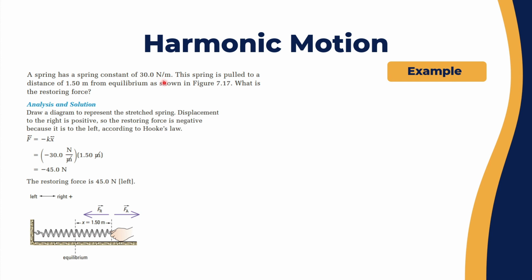The spring is pulled to a distance of 1.5 meters from equilibrium. What is the restoring force? Restoring force equals minus K times X. We have K and we have X. Let's replace them in the equation. That would give you minus 45 newtons, which means the restoring force is 45 newtons to the left, assuming the right is the positive direction.